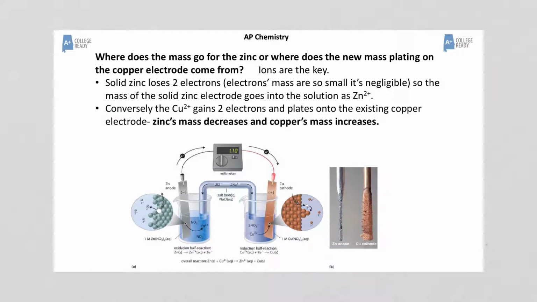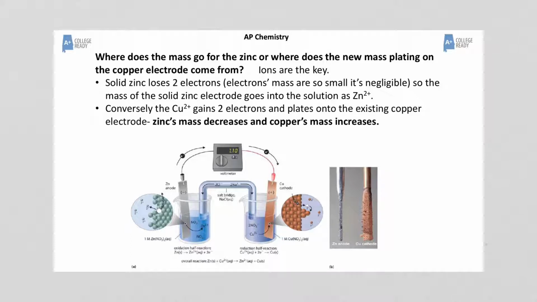And this question is pretty important, and this was on an AP exam not too long ago. It says, where does the mass go? And there's some really interesting answers that came up, but the key is ion. See, even though zinc has gone from solid to zinc 2+, it's only lost 2 electrons. When we do the mass of an atom, we don't even consider the mass of electrons.